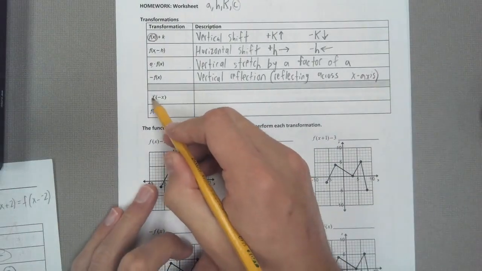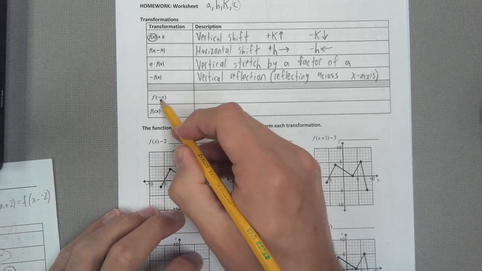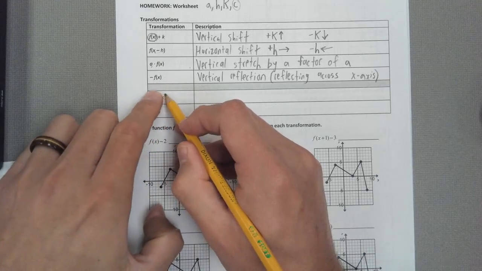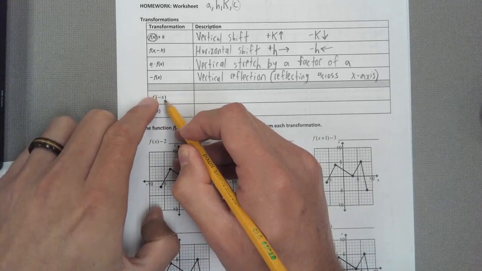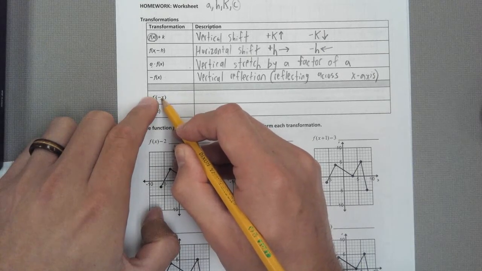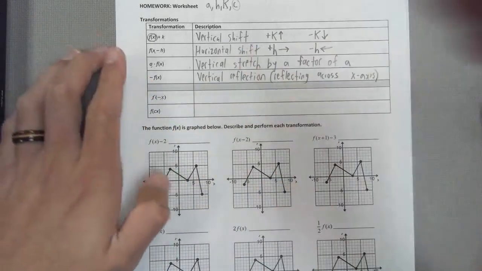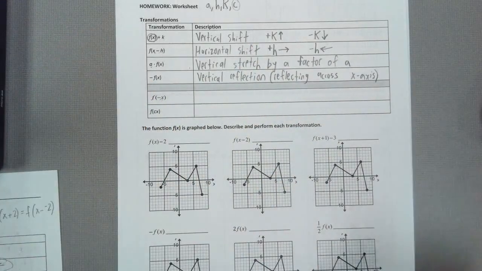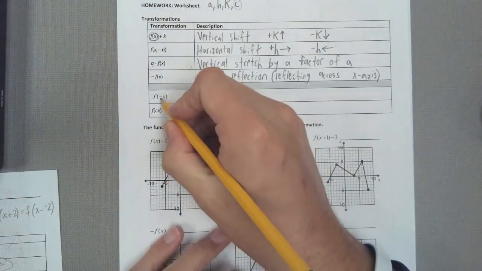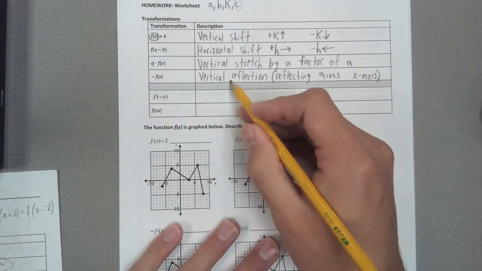This one right here, notice negative, negative, but look at the big difference. This is inside the function, directly next to x. We are multiplying -1 times my x. This is outside the function. We'll look at specifics and talk about the differences later. But with the negative here, similarly, you can compare them.